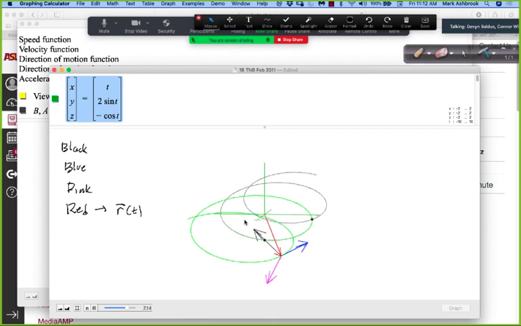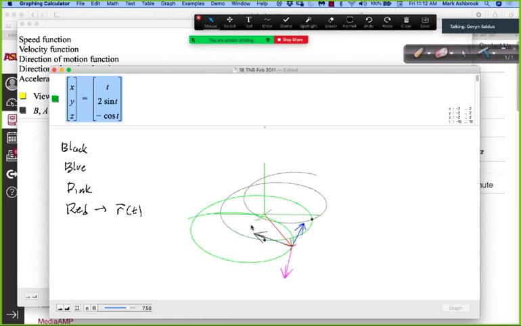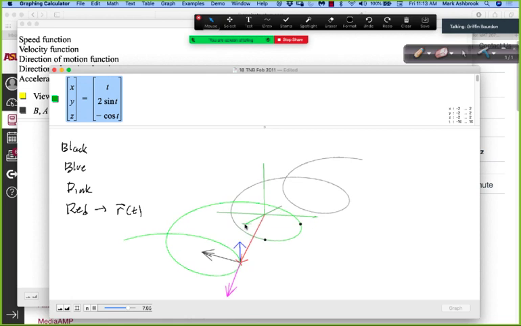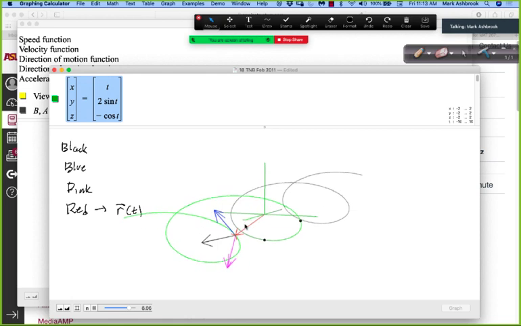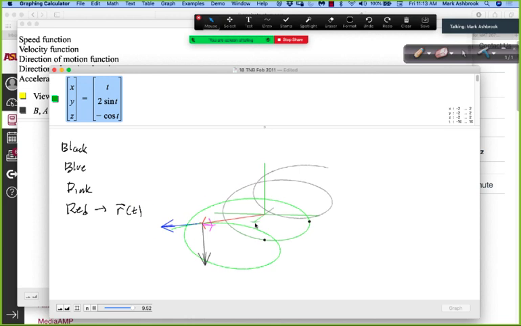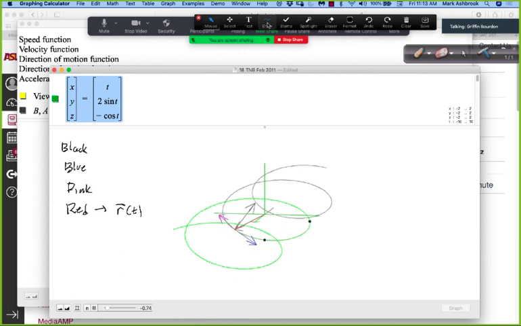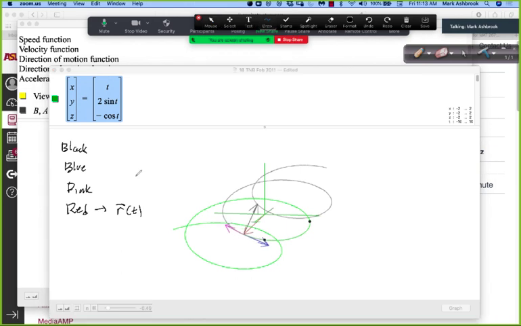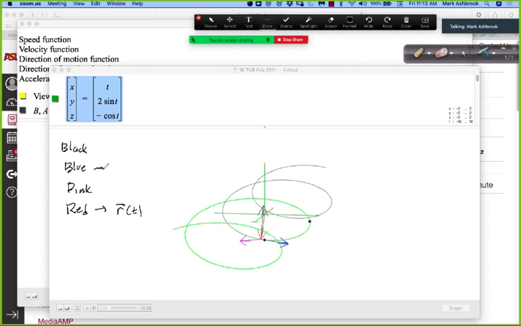It looks like blue. The blue one. What's the blue vector? The r prime. R prime is close. You've got the same direction, but these are all the unit vectors. So the blue one is T, the unit tangent vector, which is the direction of r prime.